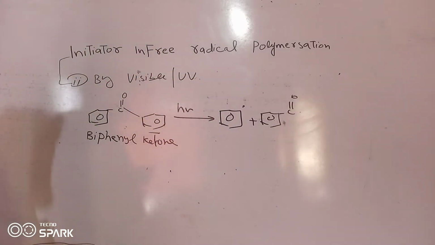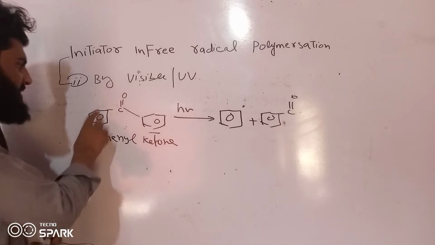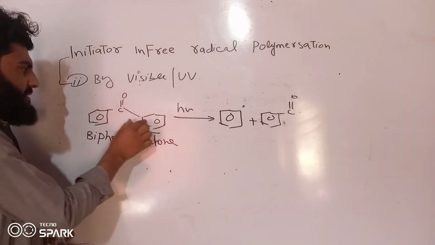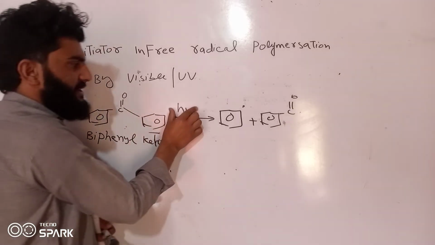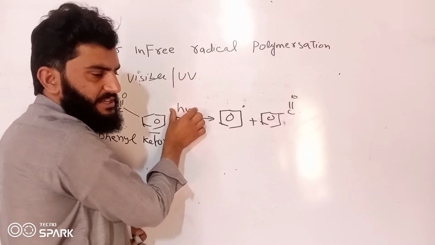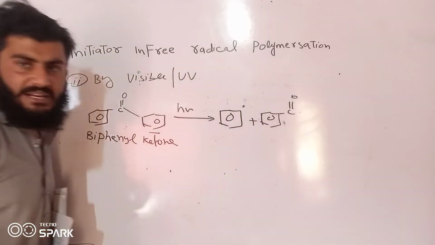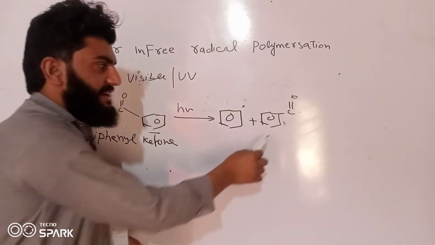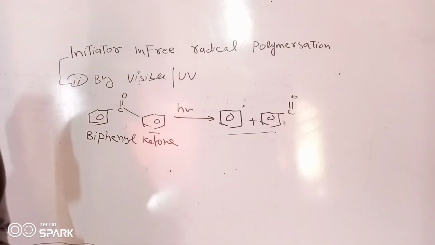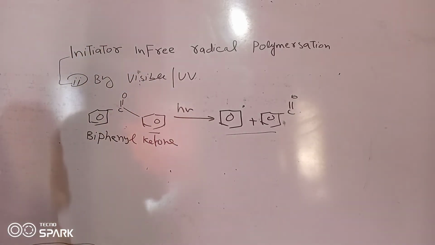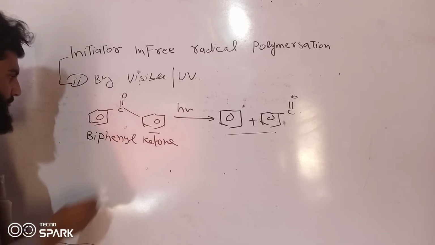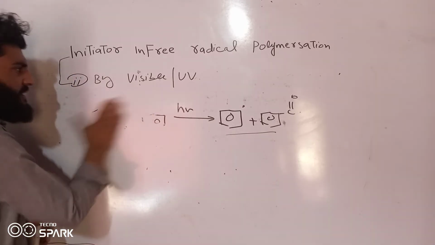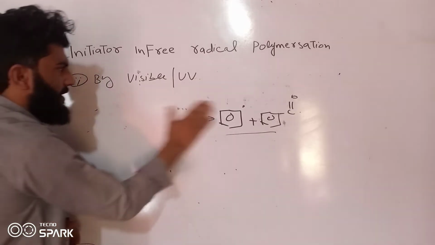Okay, so this is benzophenone. By using ultraviolet or visible radiation, these radicals can be formed, and these radicals are called initiators in free radical addition polymerization.